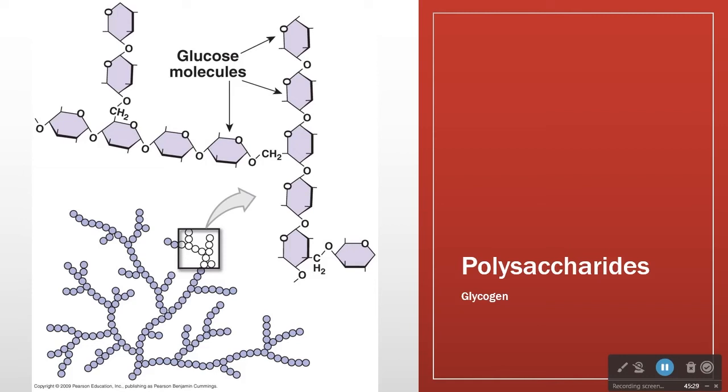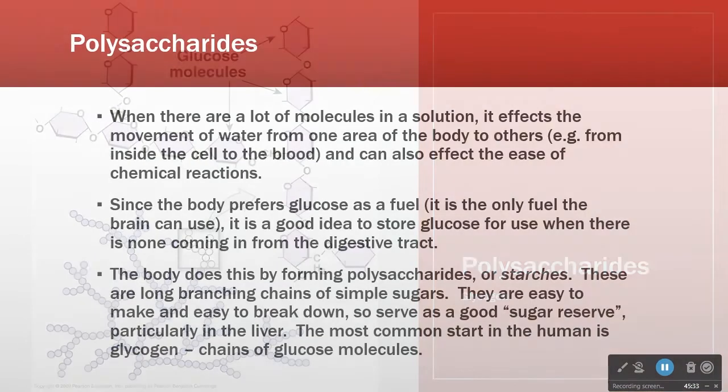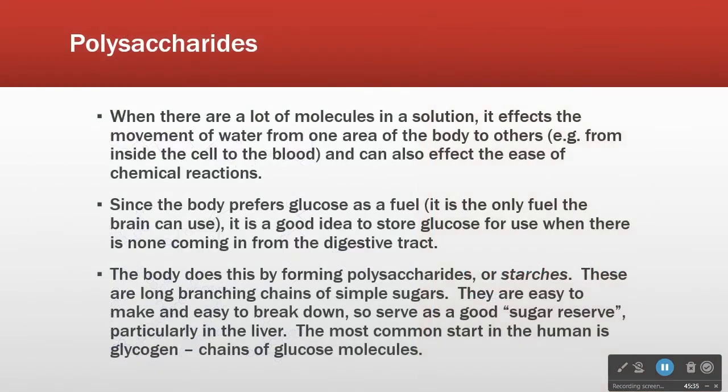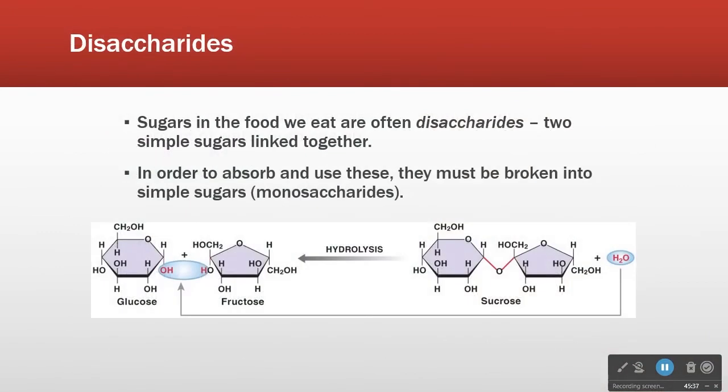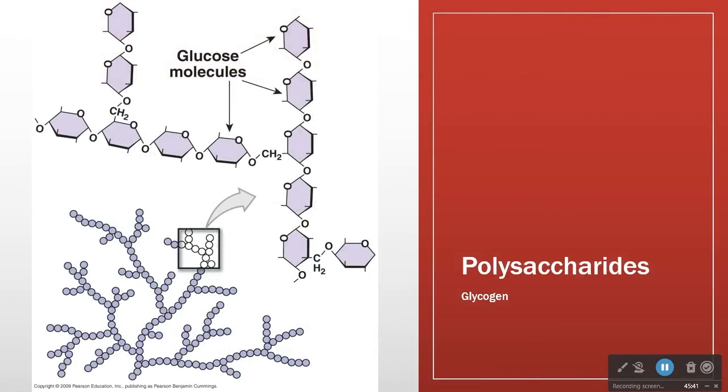So this is polysaccharide glycogen. Still a carbohydrate. Okay, so just like those are carbohydrates, glycogen is also a carbohydrate. It's just a much, much bigger one, okay? And glycogen is not very soluble, so it falls out of solution as granules.